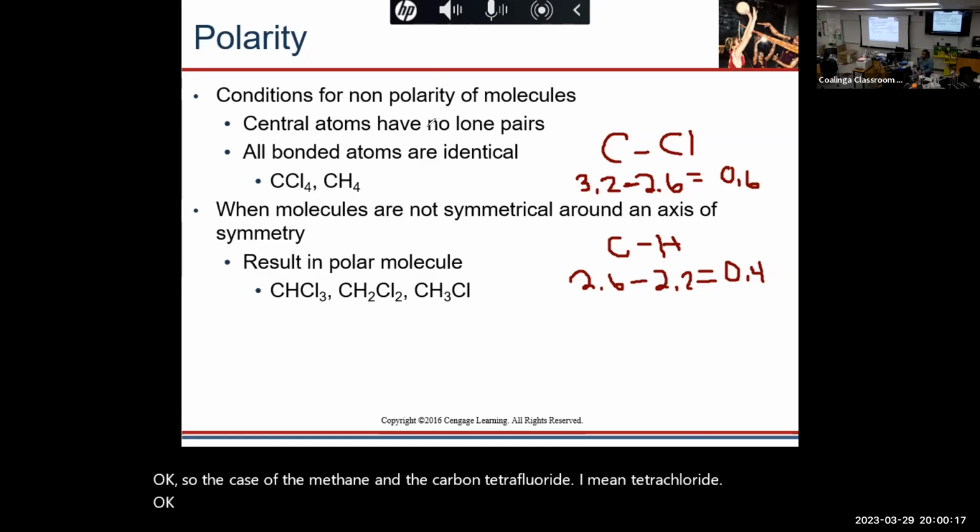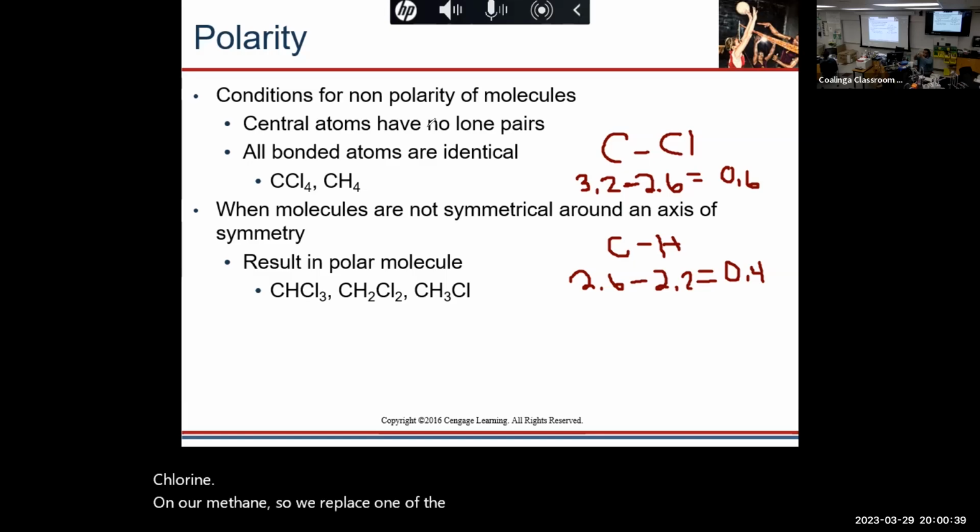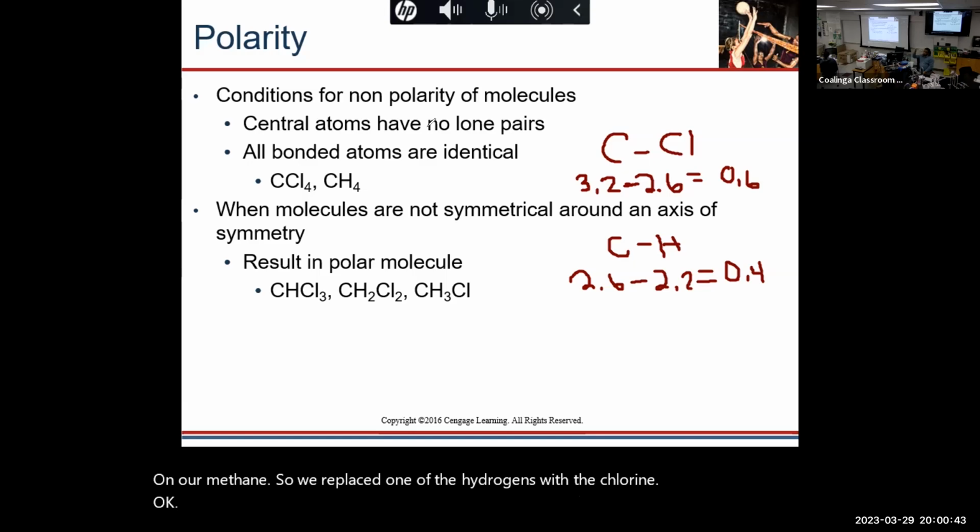So what happens when we do this? We put one chlorine on our methane. We replace one of the hydrogens with chlorine.